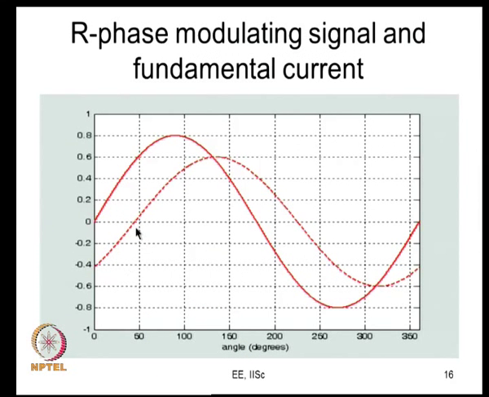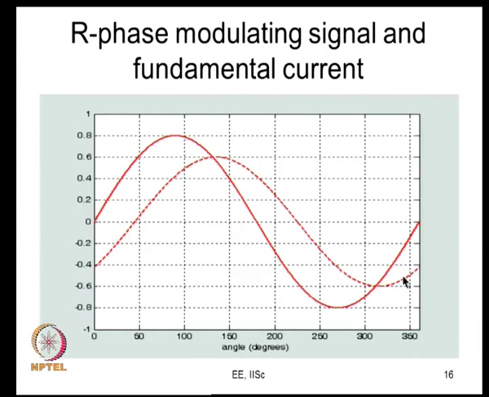So, now what does this show? This shows the modulating signal of R phase, and this shows the fundamental current. When the load is a lagging power factor load, this is some 45 degrees lagging. So, what you find is that the load current is positive here, whereas the load current is negative here, and once again negative here.